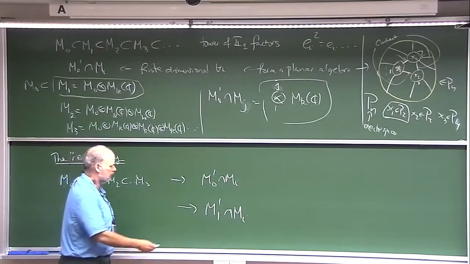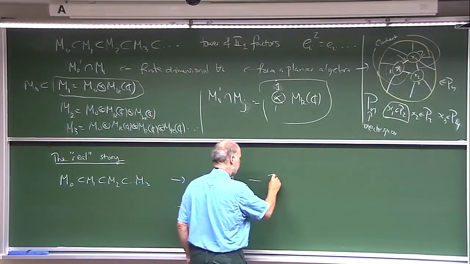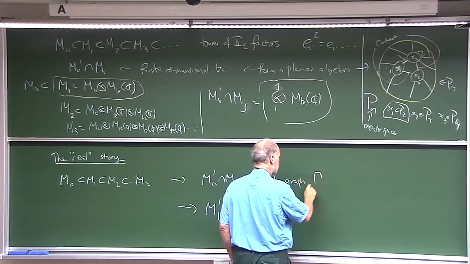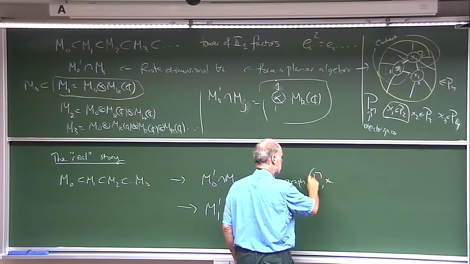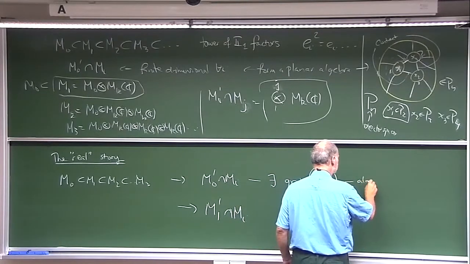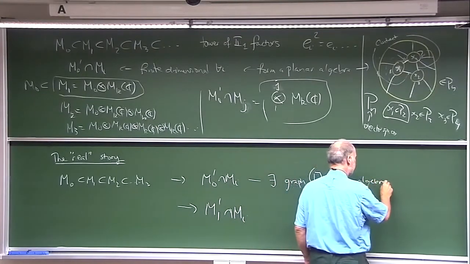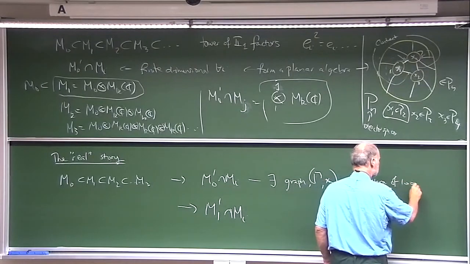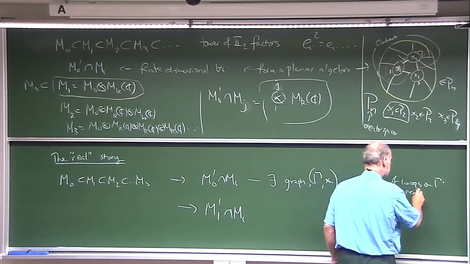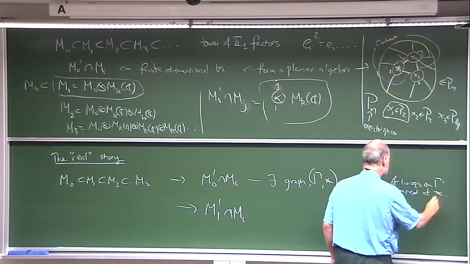I said at some point that there was a pointed graph, gamma, such that this algebra is the algebra of loops on gamma, based at star.